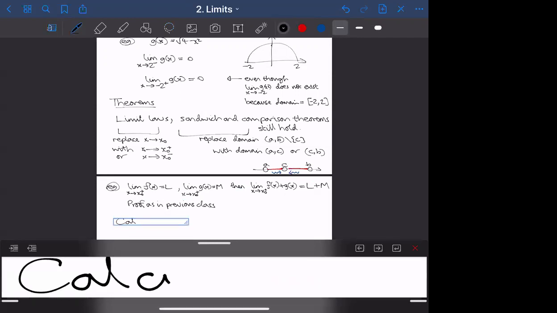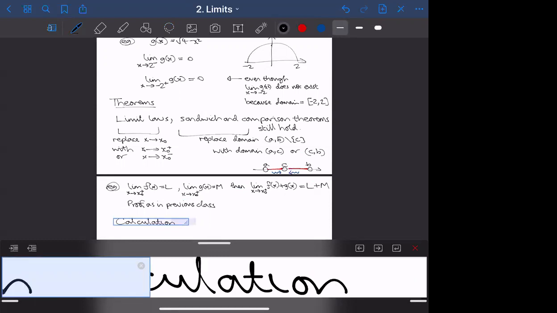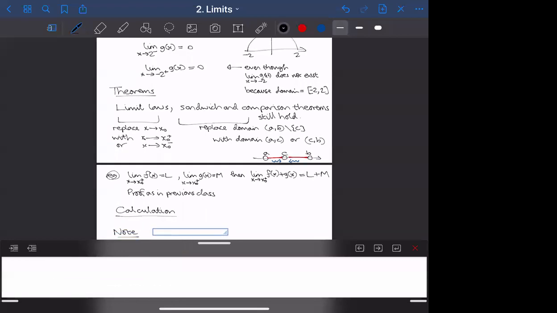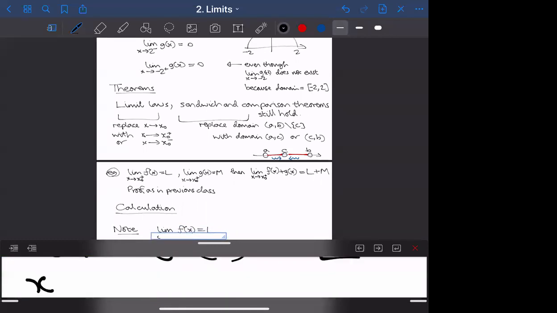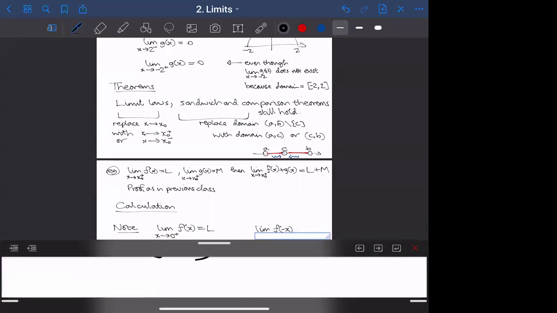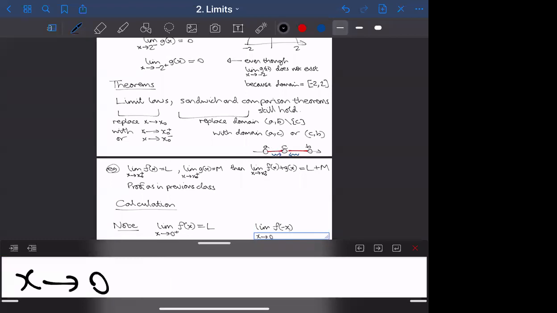So for calculation, so note, if I know the limit of a function f(x) from the right, let's just say the limit from the right of f(x) as x goes to 0 is L, then I know the limit of f(-x) as x goes to 0 minus.